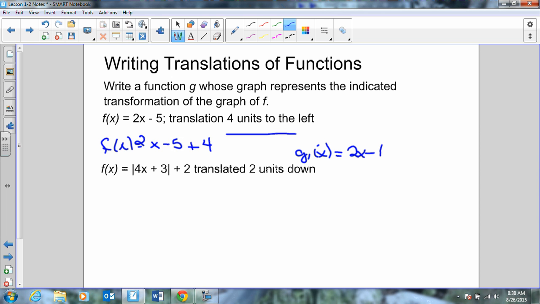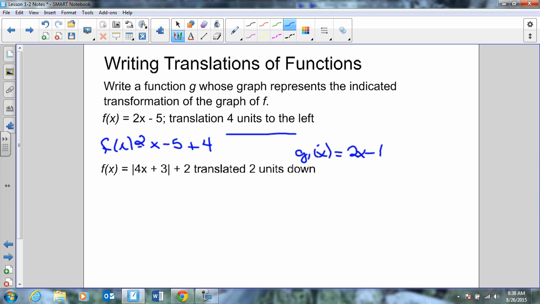A V, okay? It's already been translated a lot, right? We have 4 being multiplied by x. We're adding 3 within the x piece. This is our horizontal movement, our stretch already, and we're moving it 2 up to begin with. So it's already been modified from the original absolute value.